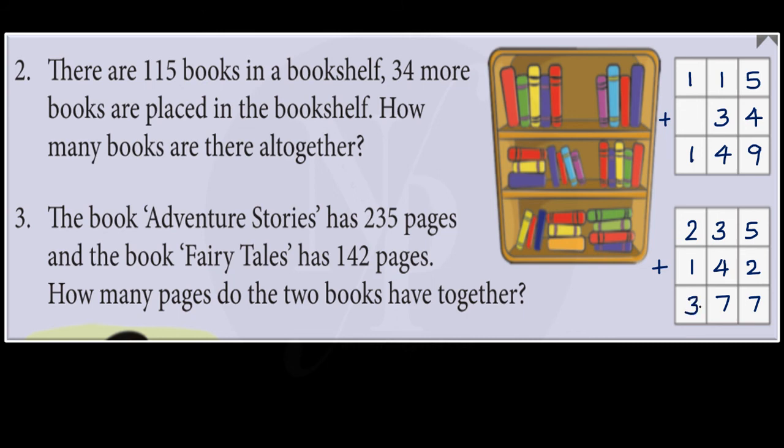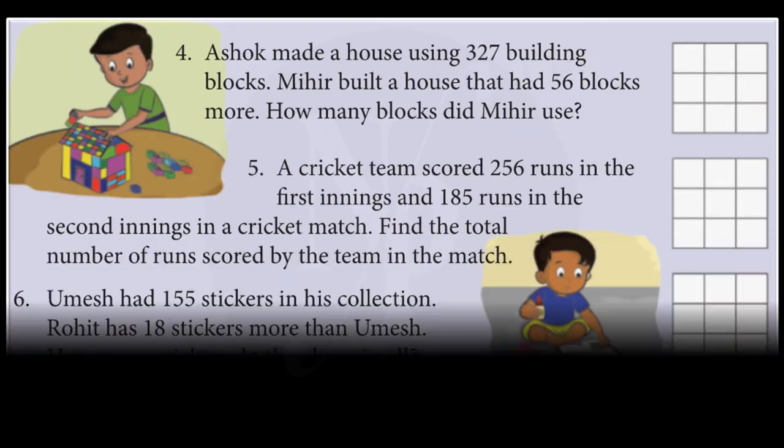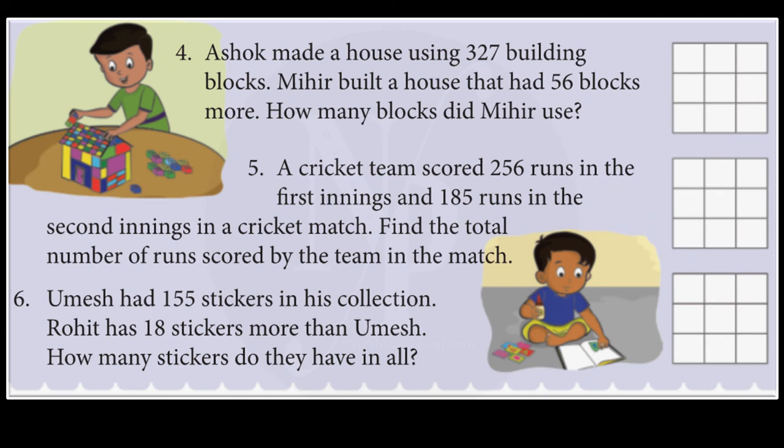Therefore, 377 is the sum of these two numbers, which represents the total number of pages in these two books. Therefore, there are 377 pages in the two books. Next, question number 4.